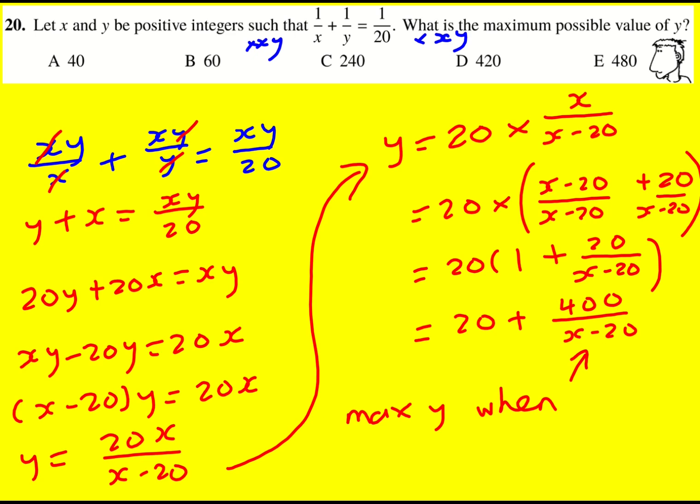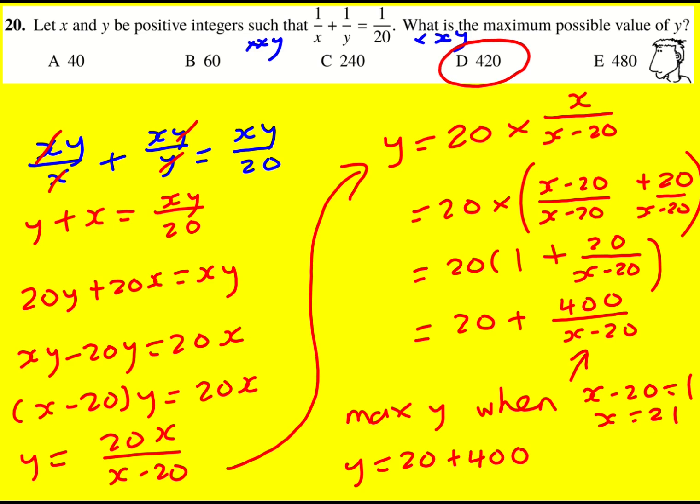So I want to make x minus 20 as small as possible without it being 0. So x is then going to equal 21. And that will give us y equals 20 plus 400. This is achievable. We can't do any better than that, which gives us D as our answer.